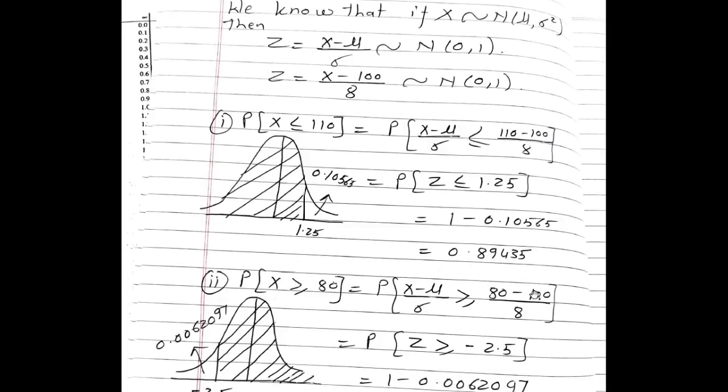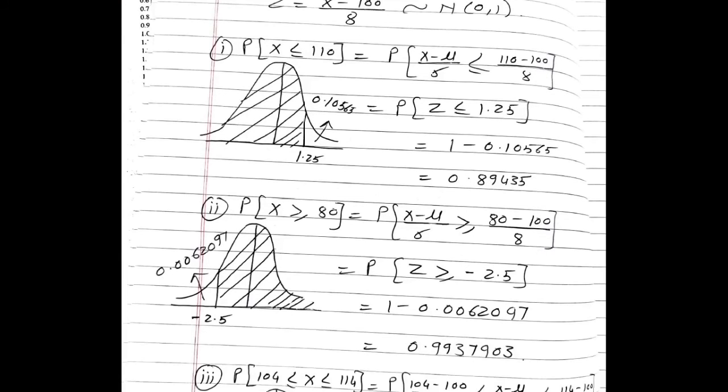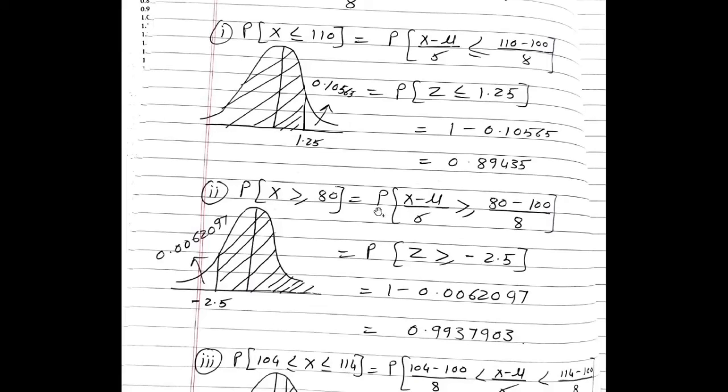Second part of the problem, probability x greater than or equal to 80 is equal to probability x minus mu upon sigma greater than or equal to 80 minus 100 upon 8, which is equal to probability z greater than or equal to minus 2.5. Again, draw the negative part. Minus 2.5 will come on left hand side, and if I see the value of 2.5 in the 0 column, the tail part I am going to get.